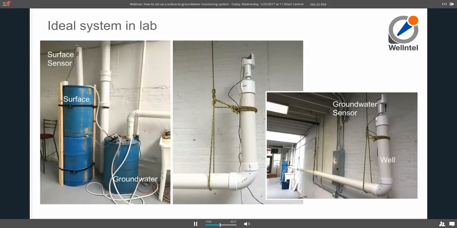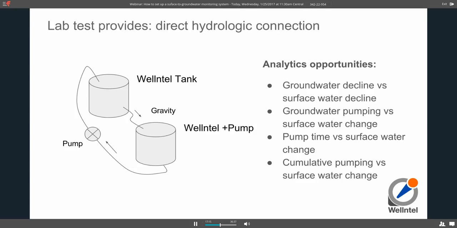And so we're measuring from both systems. In the middle image is an up close of the groundwater sensor. What this lab test allows us to do is essentially see a direct hydrologic connection between these two tanks.